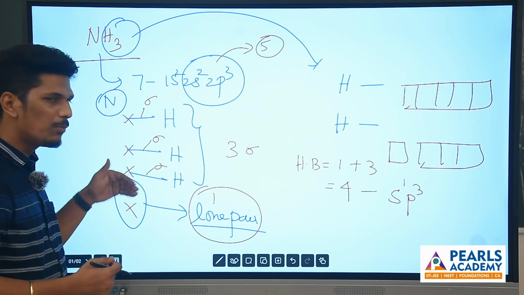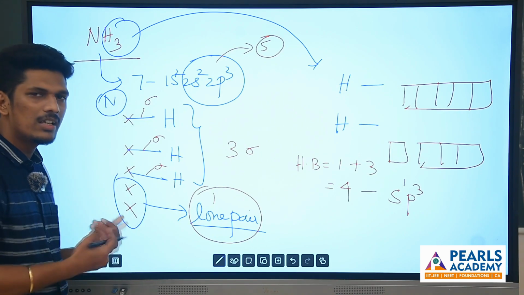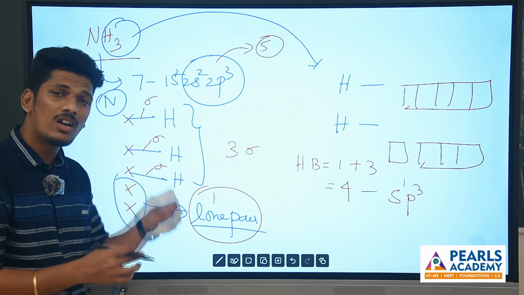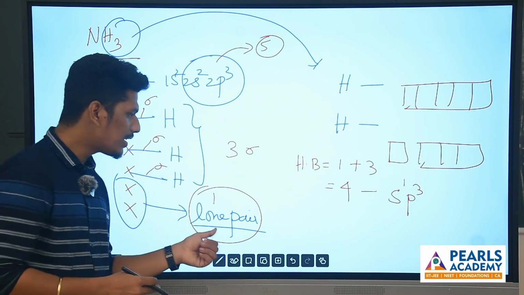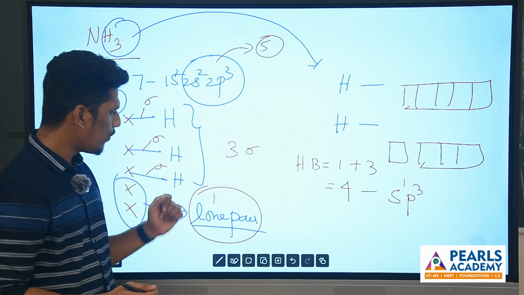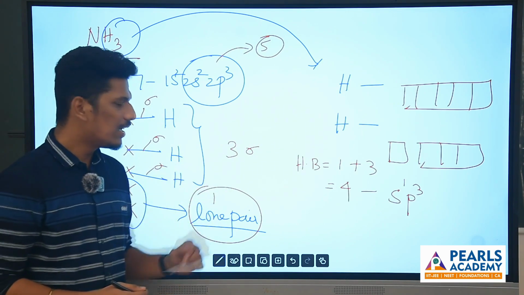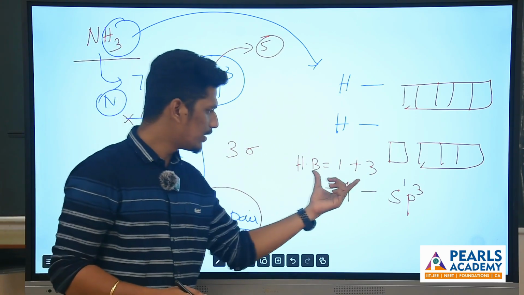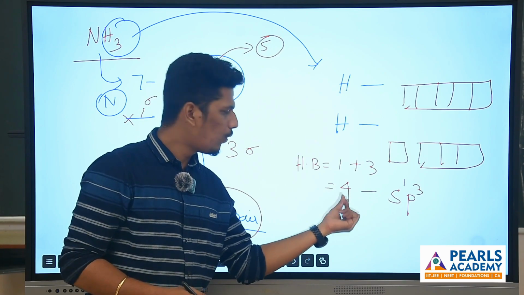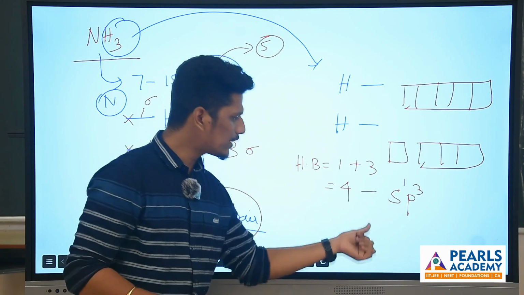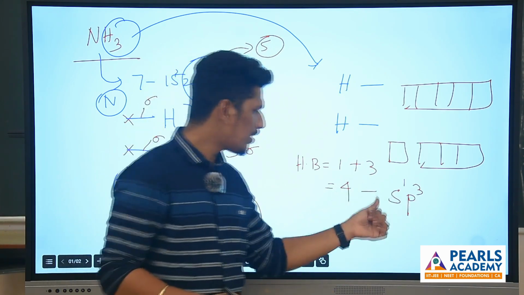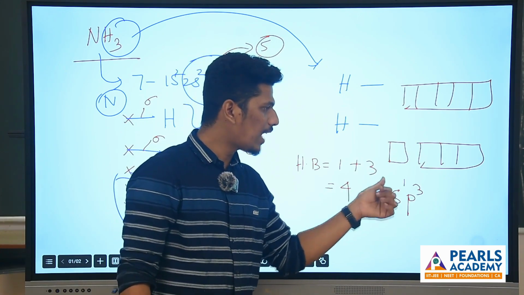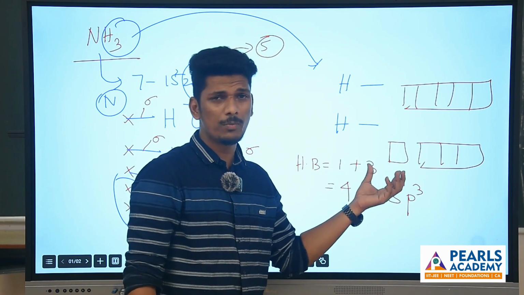Apart from these 3 bonds, I have a pair of electrons in its outermost shell. A pair of electrons in the outermost shell which is not involved in bonding is called a lone pair. So I have one lone pair and 3 sigma bonds. Adding these two, I get 4. The value 4 can be represented by s1 and p3, because I cannot put all the values in s itself, since the s orbital has only one box.